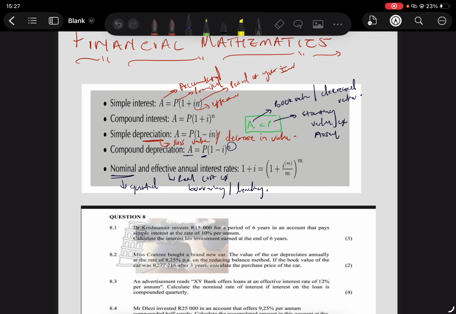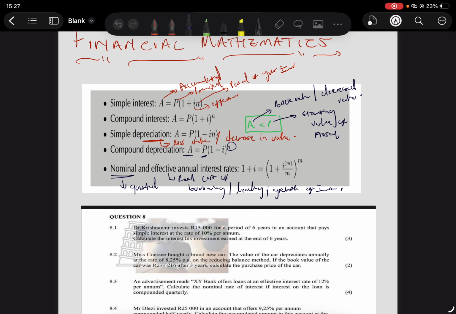So the nominal interest rate refers to the quoted interest rate, while the effective interest rate is the real cost of either borrowing or lending. Okay, or even what your investment is growing by, right? This is the real growth of investment.